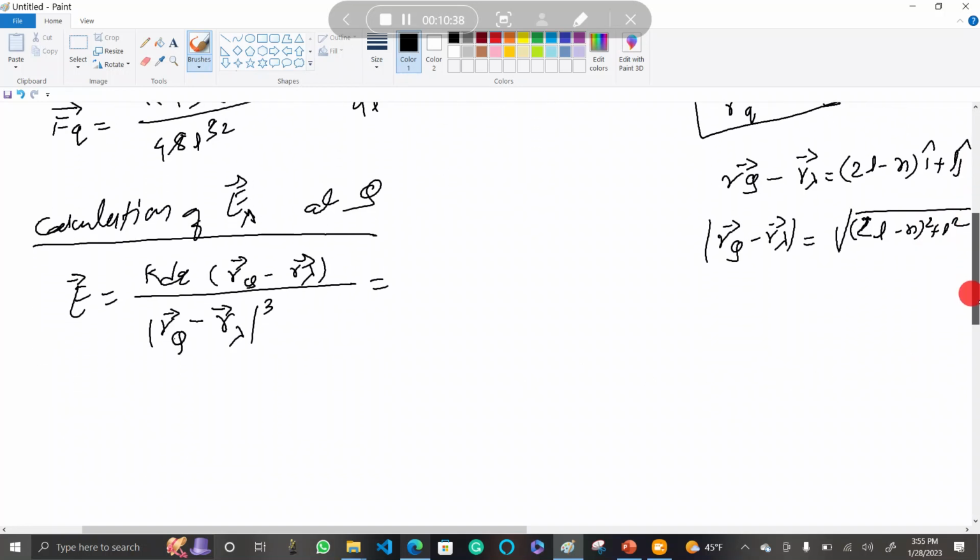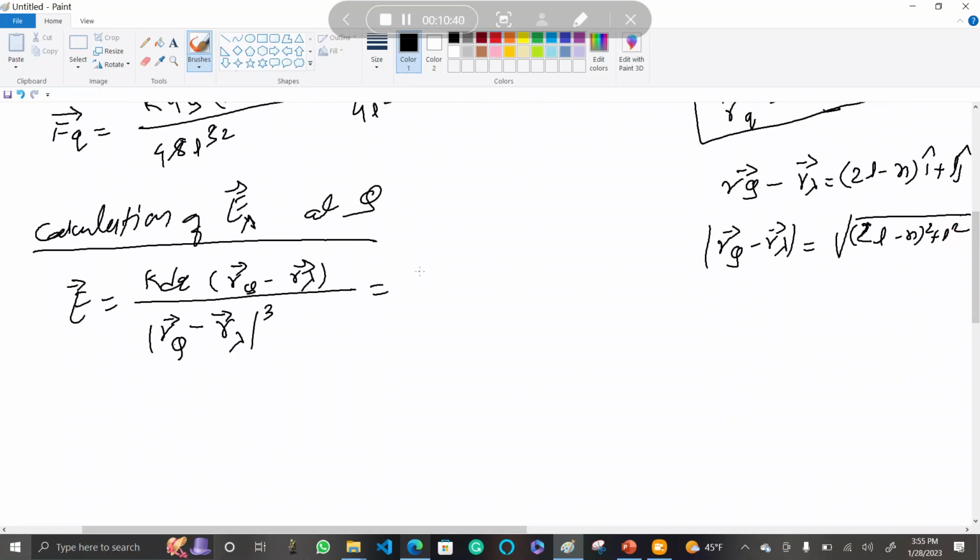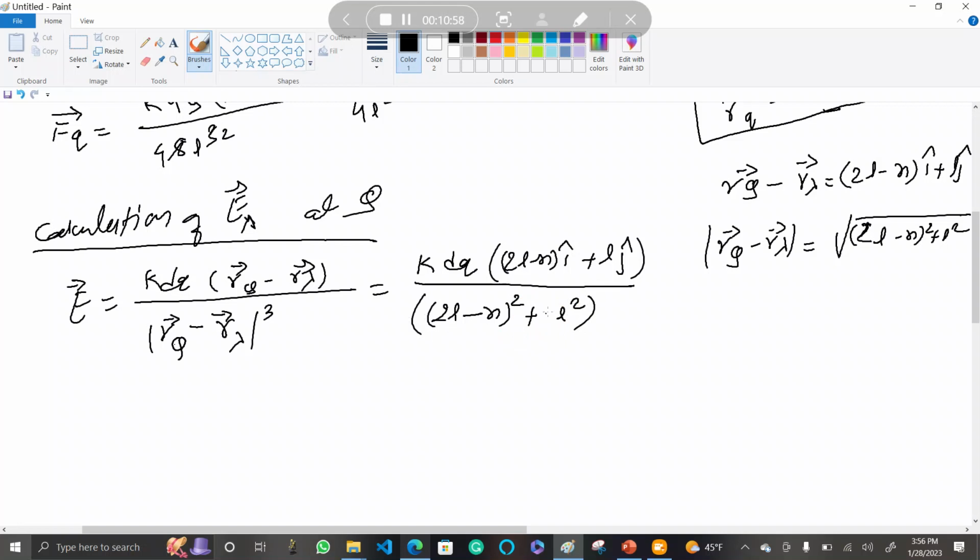So I can write the electric field as k dq ((2l minus x) i plus l z) over ((2l minus x) square plus l square) to the power 3 by 2. This is because of the small element dx.